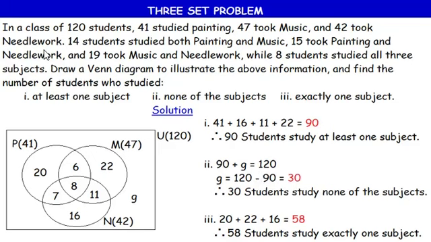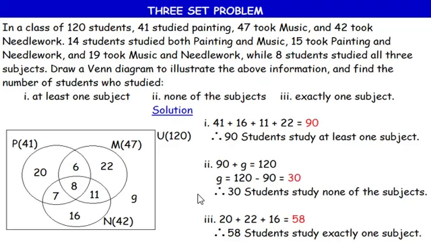It says that in a class of 120 students, 41 studied painting, 47 took music, and 42 took needlework. 14 students studied both painting and music. 15 took painting and needlework, and 19 took music and needlework, while 8 students studied all 3 subjects.